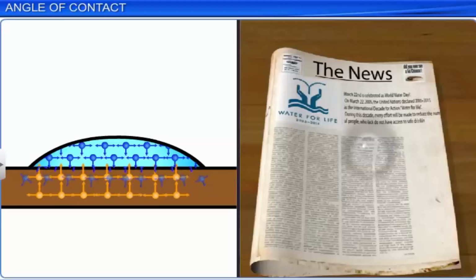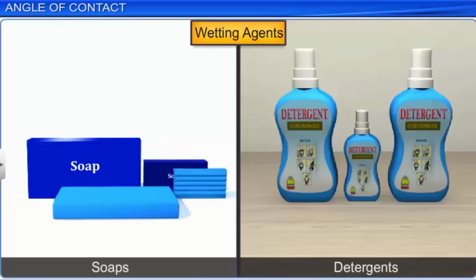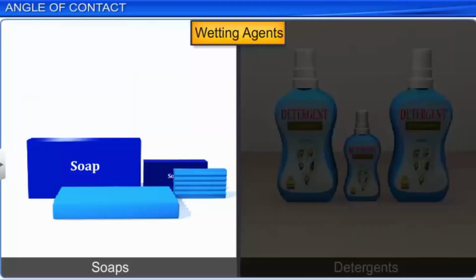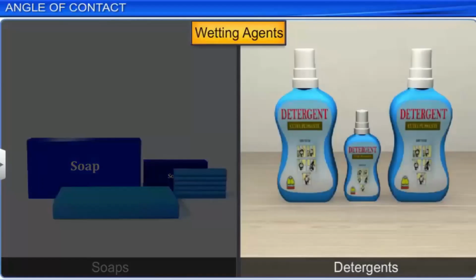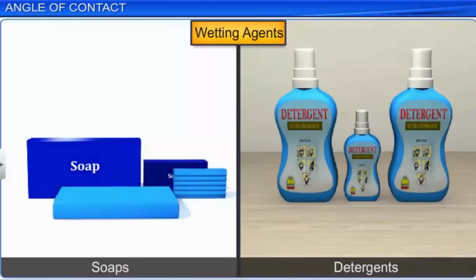In our daily lives, this property of liquids is used in products such as wetting and waterproofing agents. In the case of wetting agents such as soaps and detergents, when mixed with other liquids, the angle of contact is acute and hence helps penetrate and wet the solids.